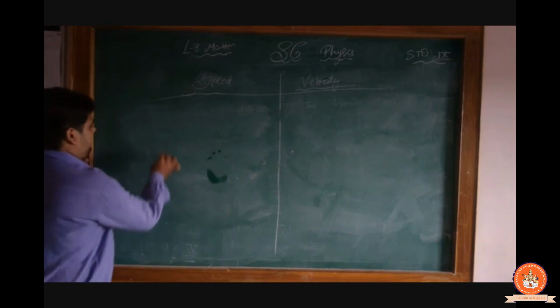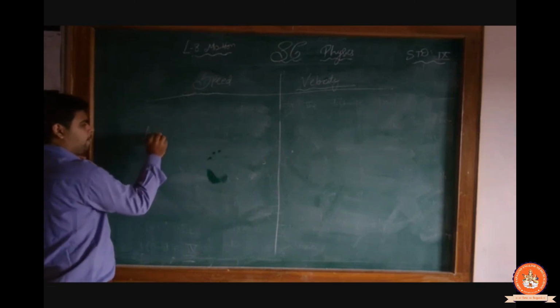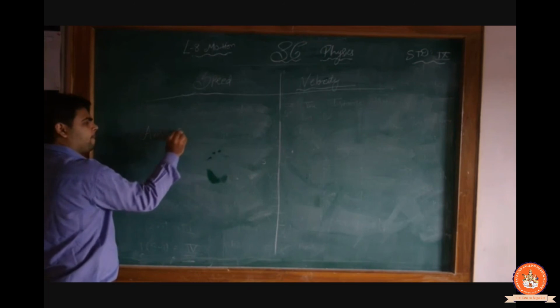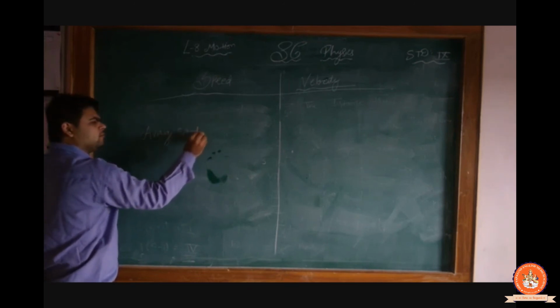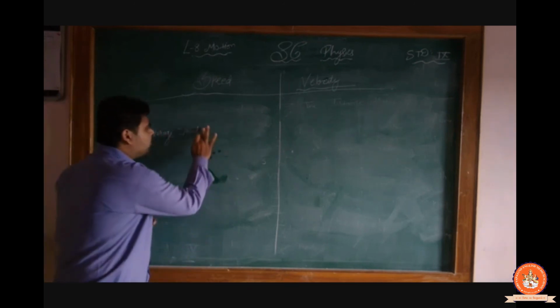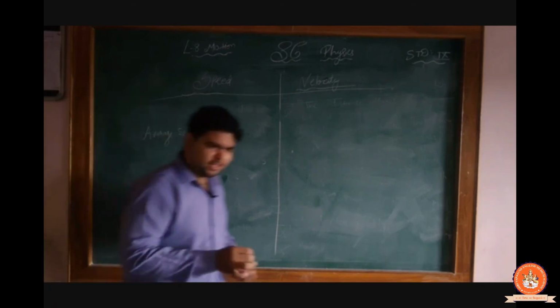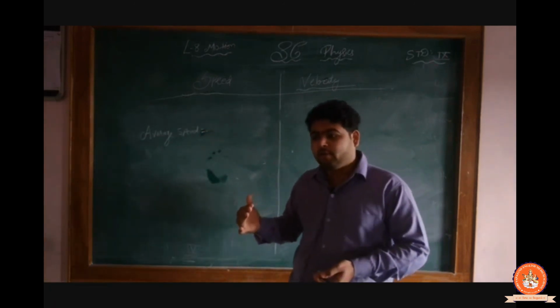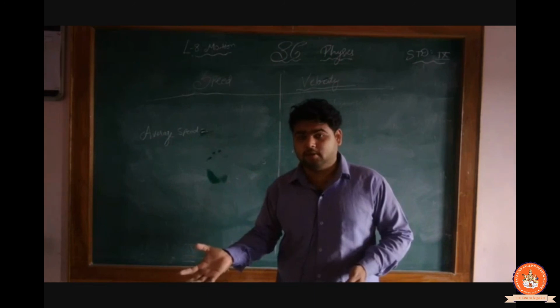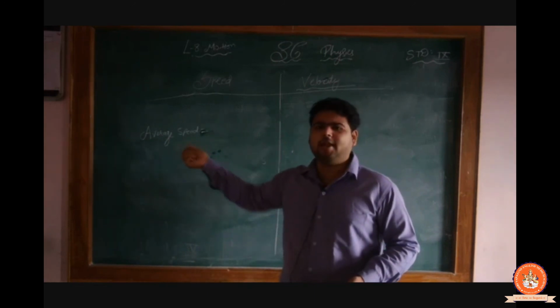What is the average speed? Average speed means what? It's a simple thing: if the person is traveling with not a constant speed, at that time we indicate the average speed.